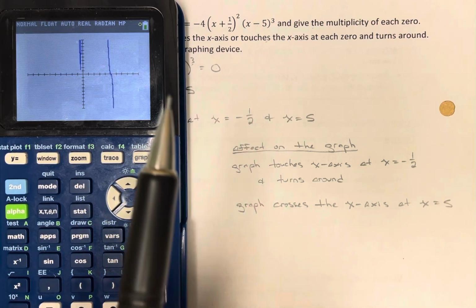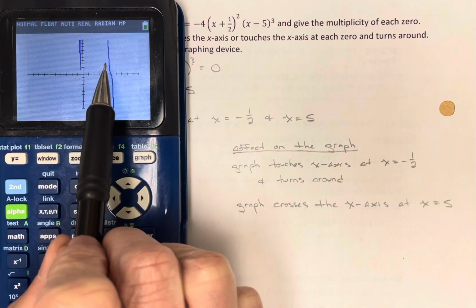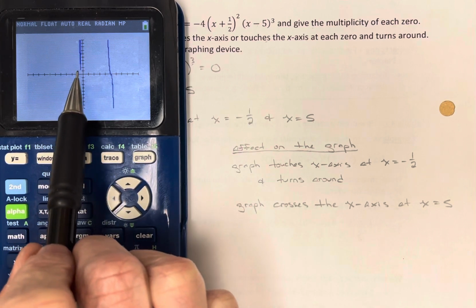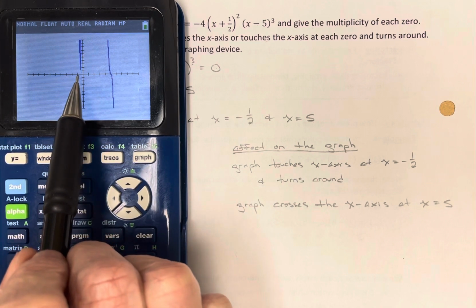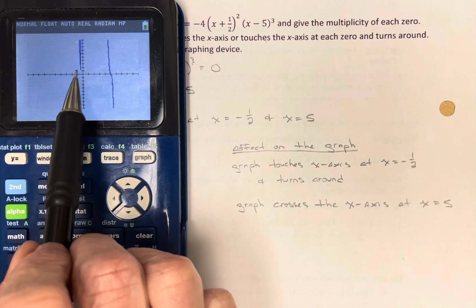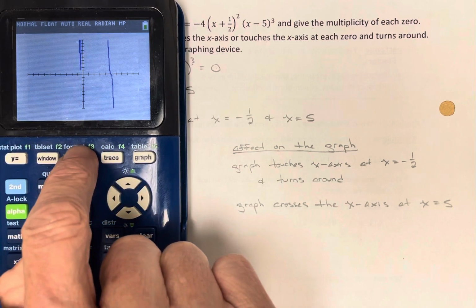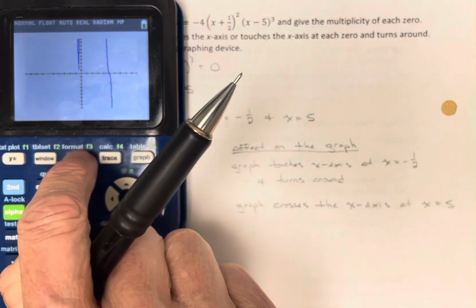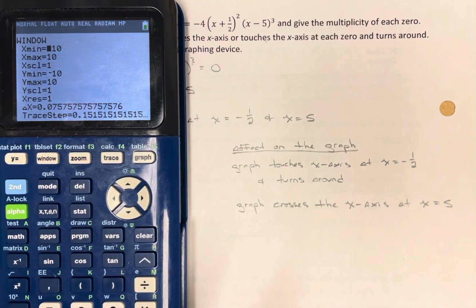Okay, I can clearly see that at 5 here, the graph is crossing the x-axis. That's pretty good. Looks like I'm zoomed a little bit too far out for the pixels to pick up the other one, so let's zoom in over here and get that graph to touch. I know it is at -1/2. So I'm going to go to window and go from -1 to 0.